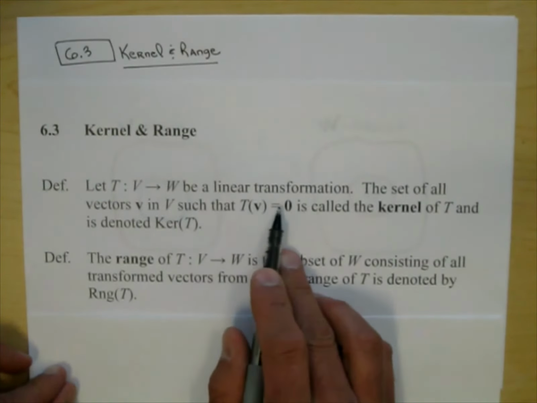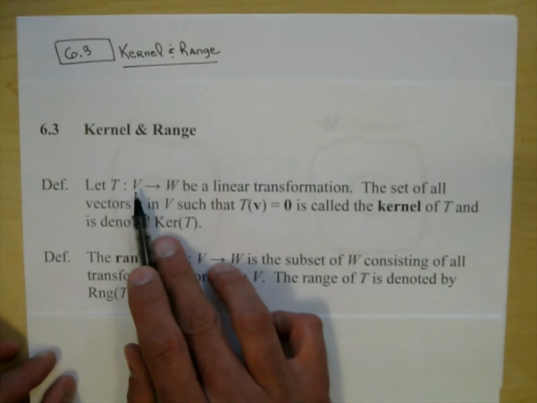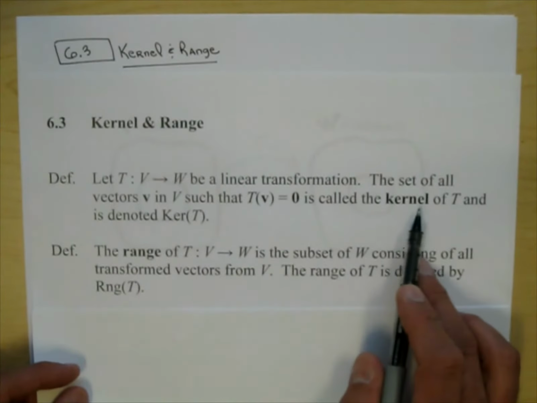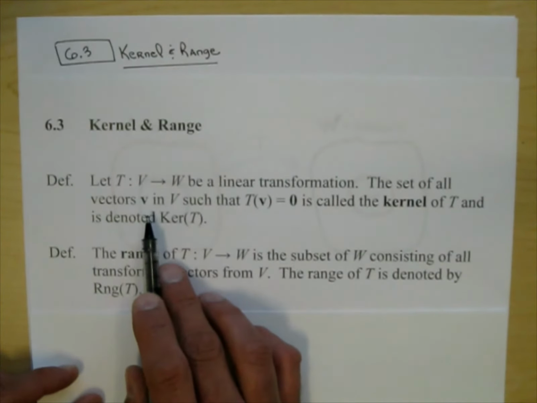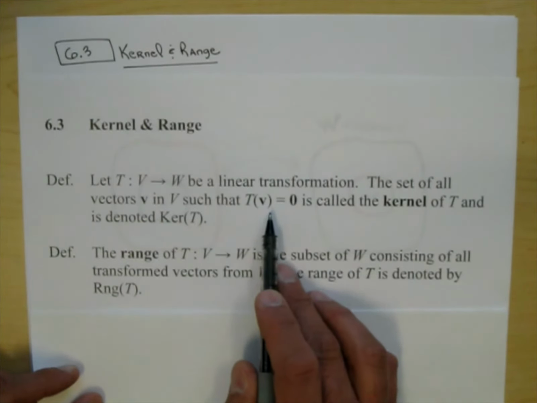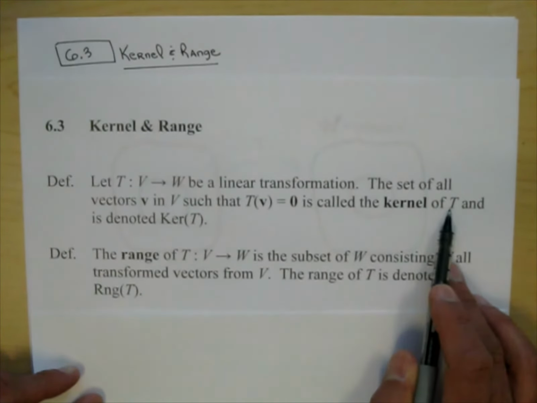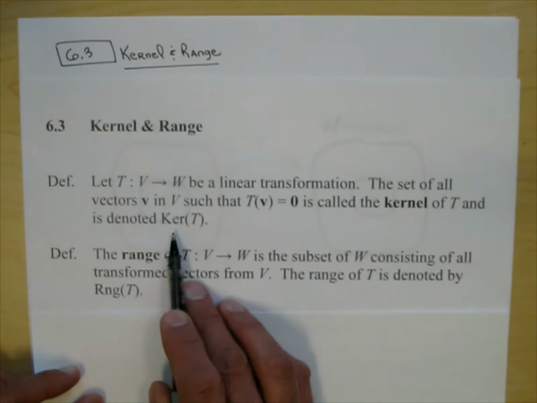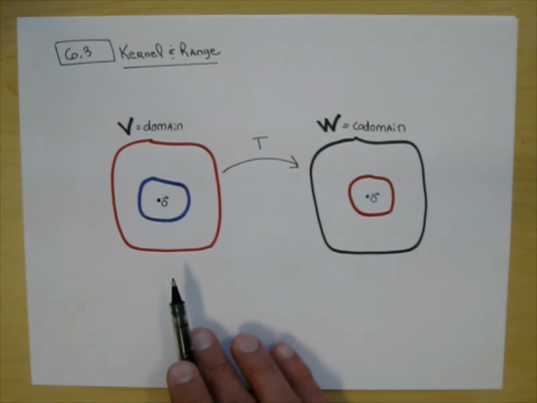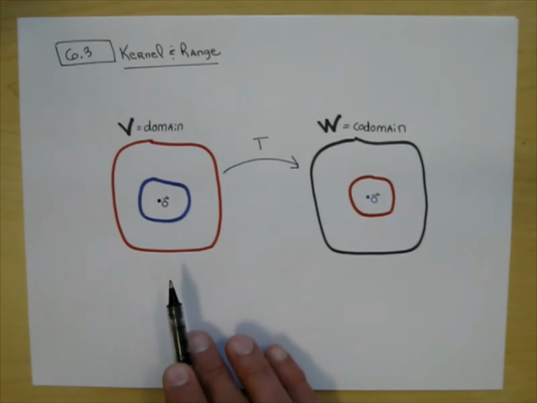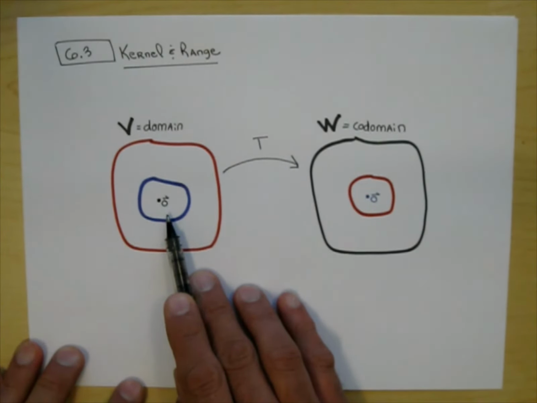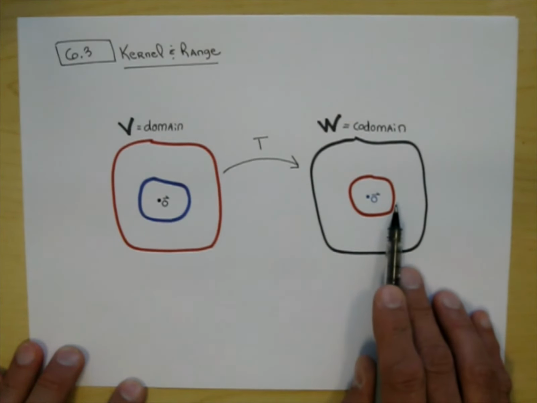Let T be a linear transformation, and it goes from V to W. The set of all vectors v in V such that T of v equals the zero vector is called the kernel of the transformation and is denoted by ker T. So what we have, and we'll get back to the range, is a function that takes these vectors to these vectors.